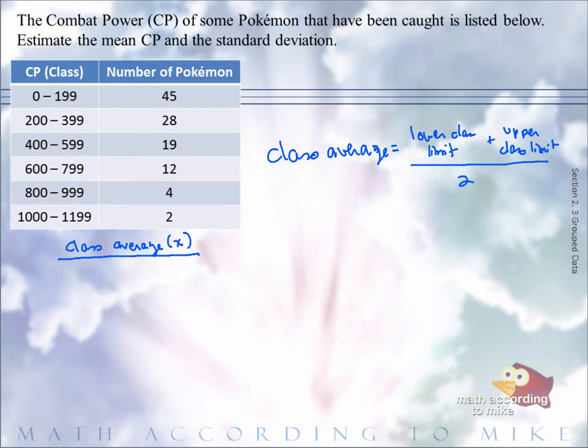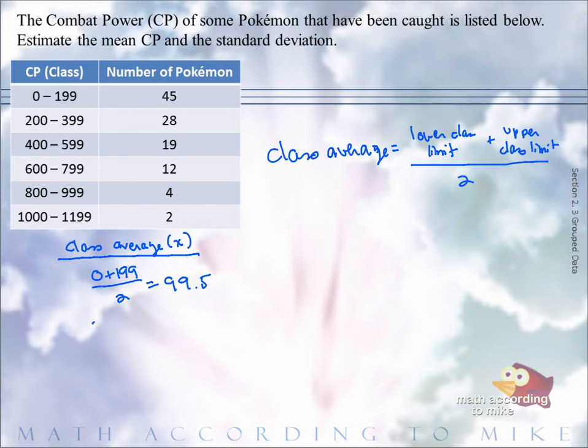Bink. So for our first one, we would say 0 plus 199 divided by 2. And that gives us 99.5. So that's our first X value.